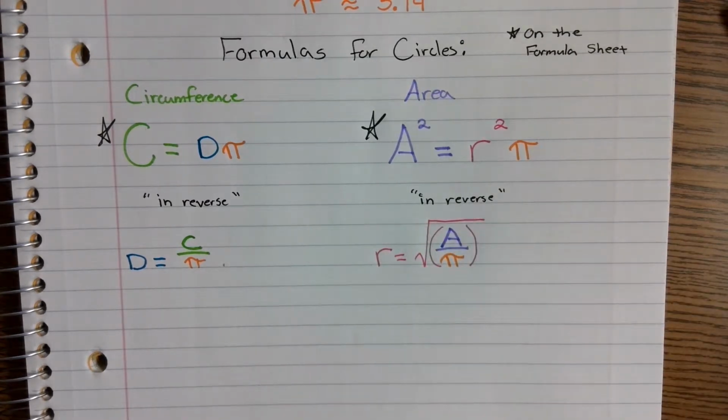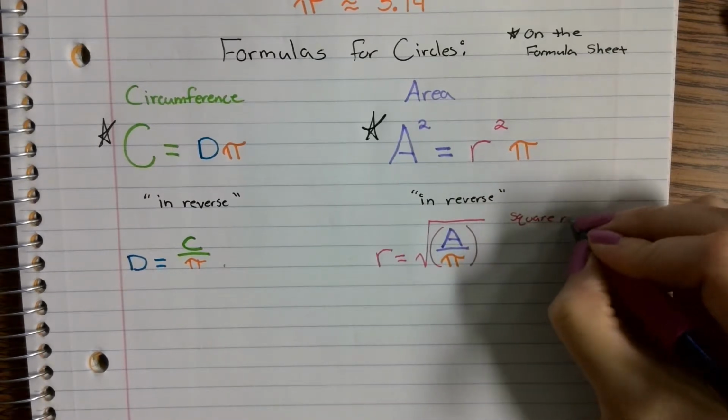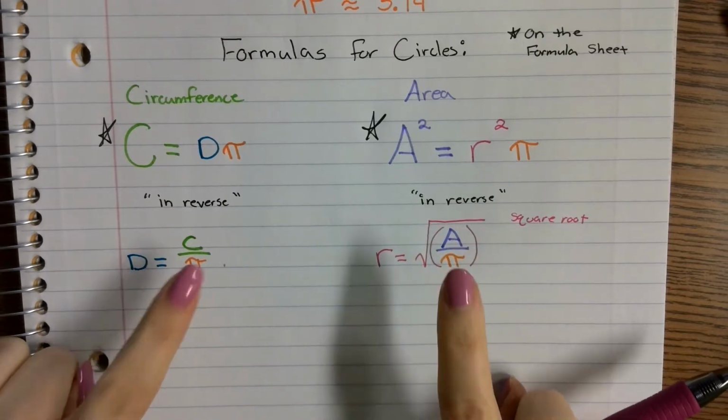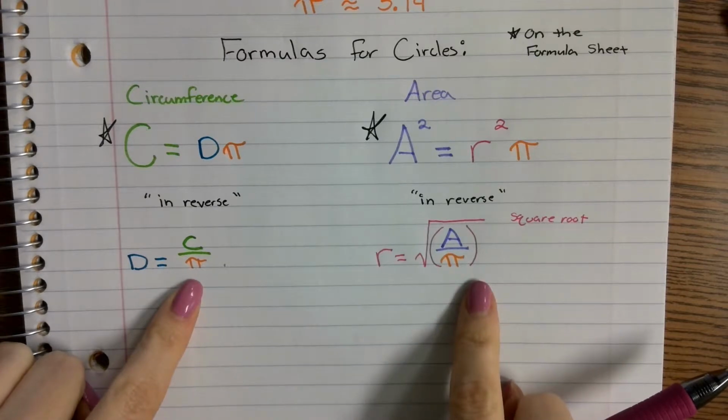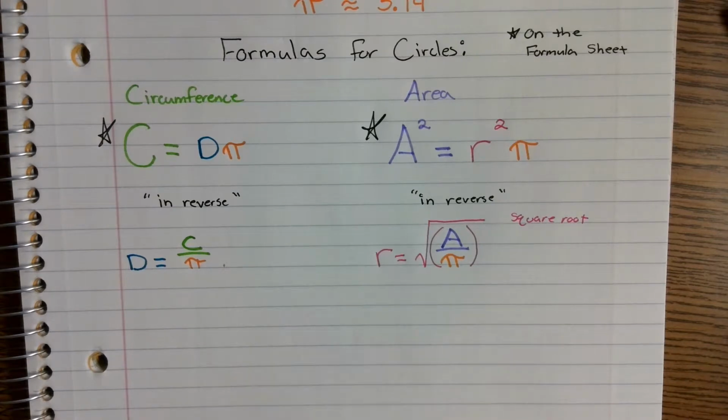We'll practice it today. Don't worry. So this is called a square root. Inverse operation of an exponent is a root. So the inverse operation of squared is square root. Inverse operation of cubed is cube root. Inverse operation of a power of 4 is a fourth root. So they have all these roots, and we'll talk more about that in a second. Again, these two formulas are not on your formula sheet, but these two are. And all you would have to do is understand the reverse.